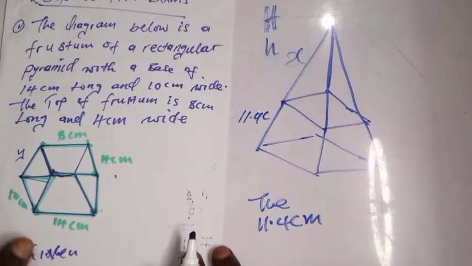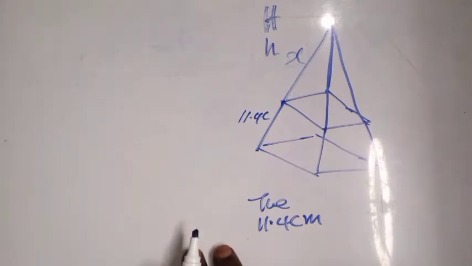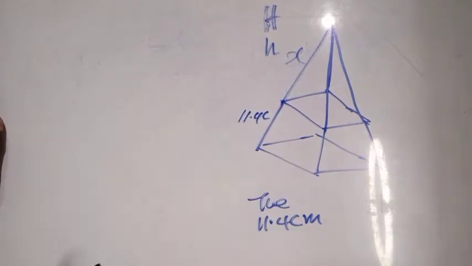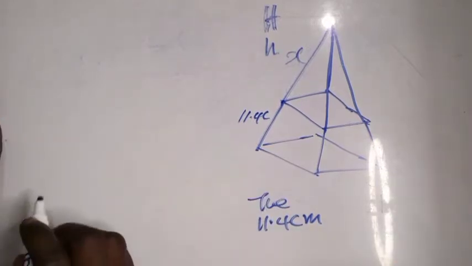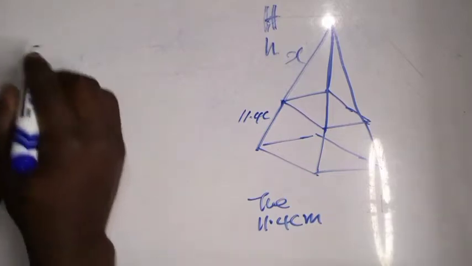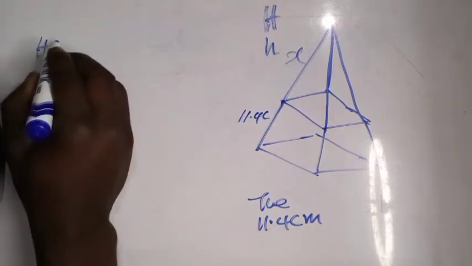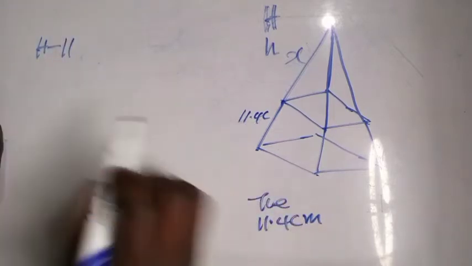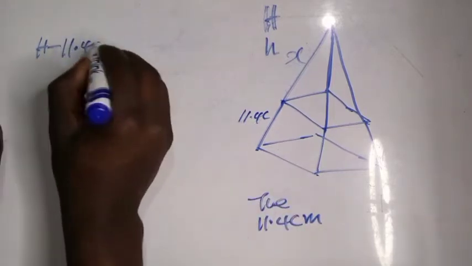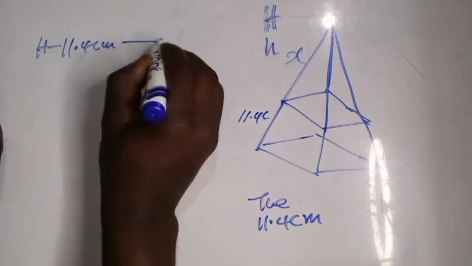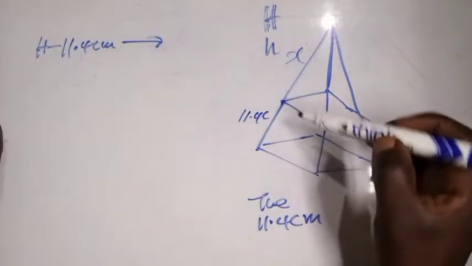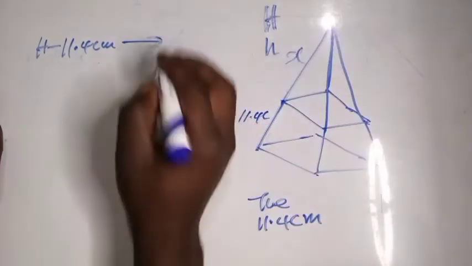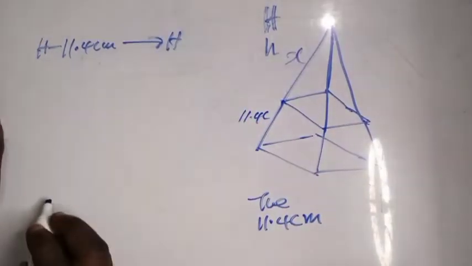First of all, we have to find the smallest height and the big height, in which we are going to make proportions. Then it will be the height minus the height which we have been given here, 11.4 centimeters, is direct to this h here, is direct to h.